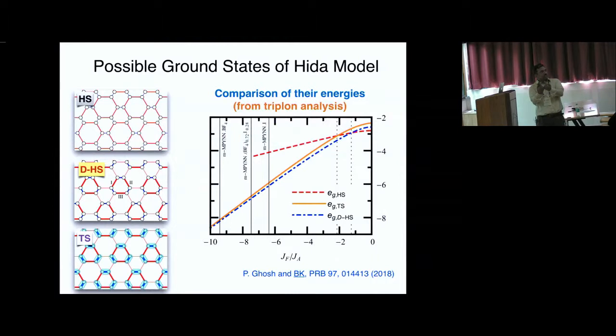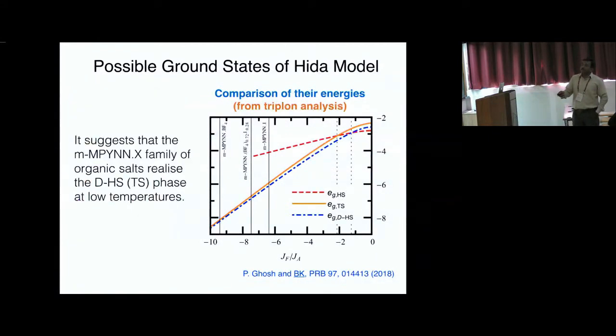All that is happening is, initially these dimerized hexagons were loosely coupled, now they are strongly coupled, but the physics is essentially the same. In fact, if we put these materials on this axis, even if these numbers are only approximate, you see that all these materials actually fall in the trimerized singlet phase, or in the honeycomb language, the dimerized hexagonal singlet phase.